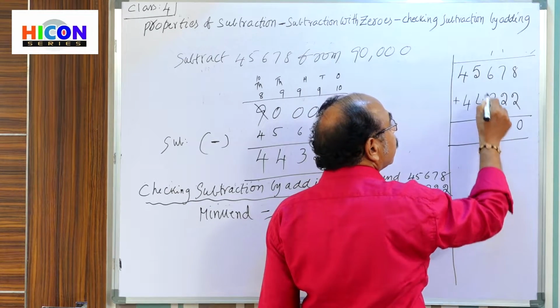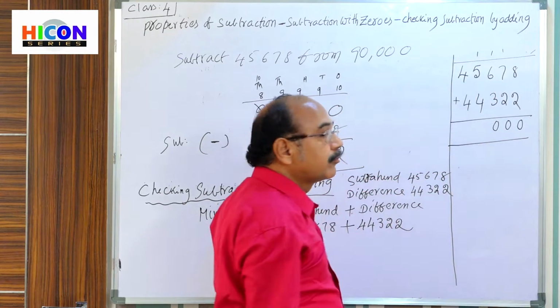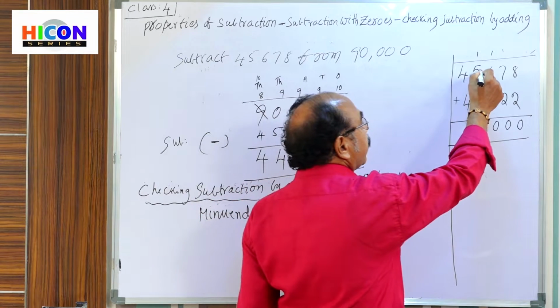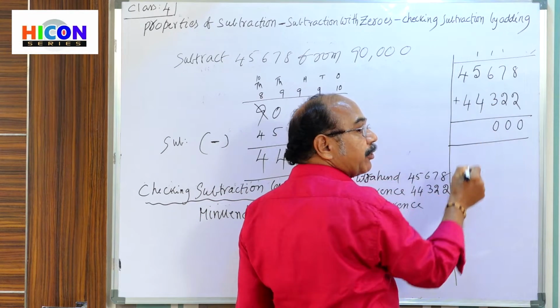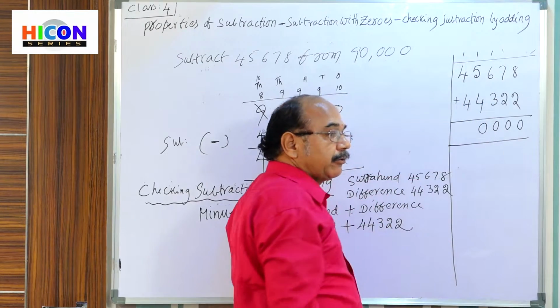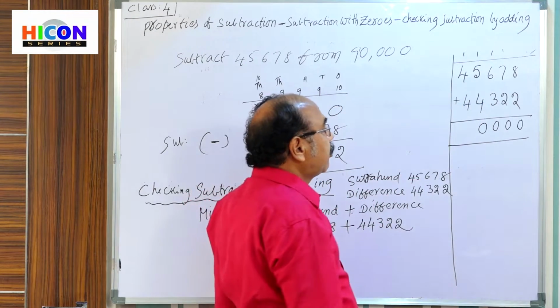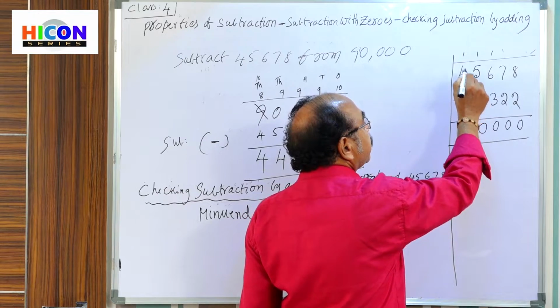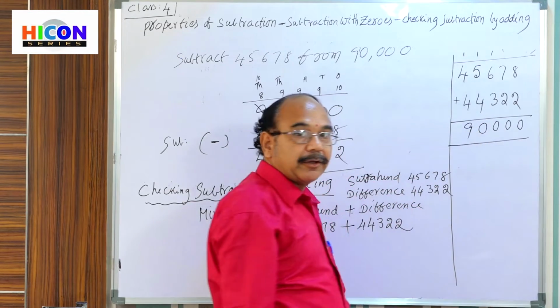Write 0 here, carry 1. Now 5 plus 1 is 6. 6 plus 4 is 10. Write 0, carry 1. Now 4 plus 4 is 8. 8 plus 1 is 9.